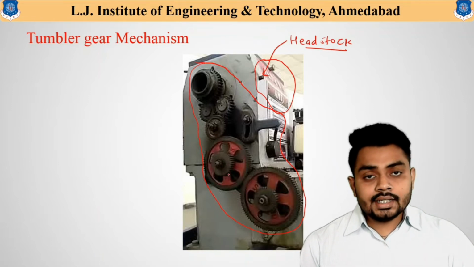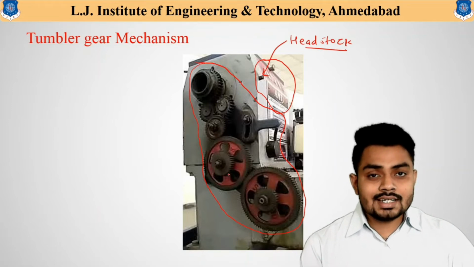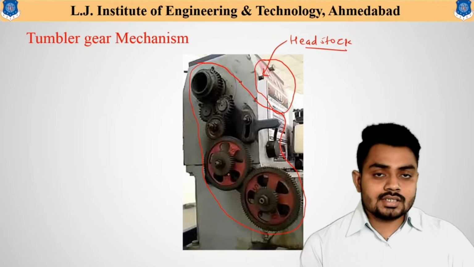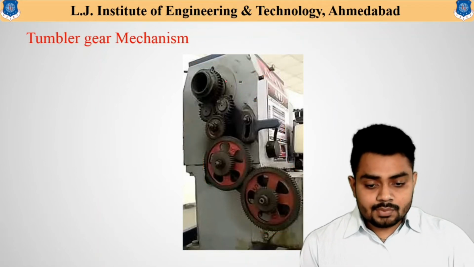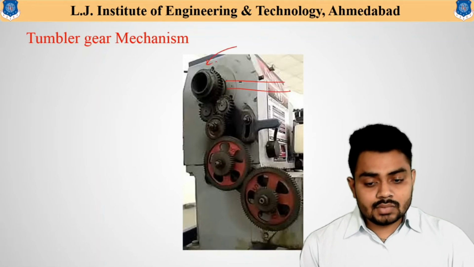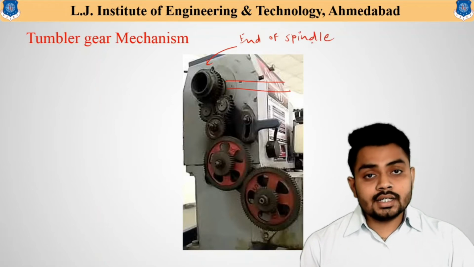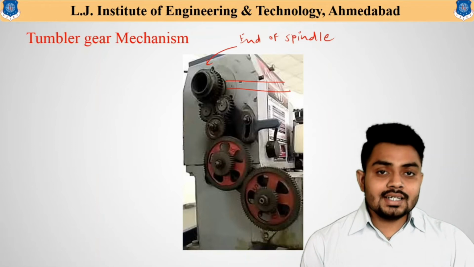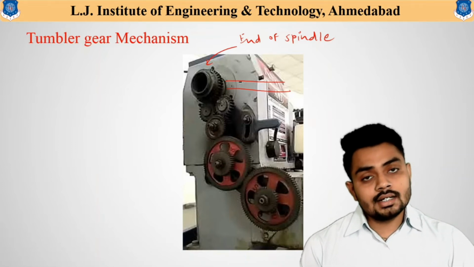Now to understand how this mechanism operates, let us have a look at the different types of gears available in this machine. From this portion, this section is nothing but the end of the spindle. As we know, power is transmitted to the spindle, and the spindle is connected to the workpiece, and that is how the workpiece revolves about its axis.